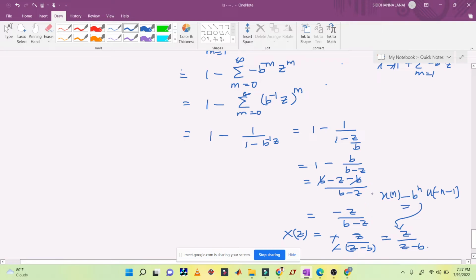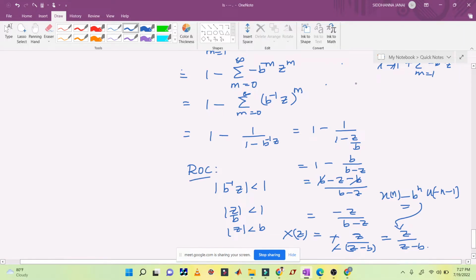And what about the ROC? The region of convergence is this: magnitude of b inverse z is less than 1. That means magnitude of z by b is less than 1, or magnitude of z is less than b.